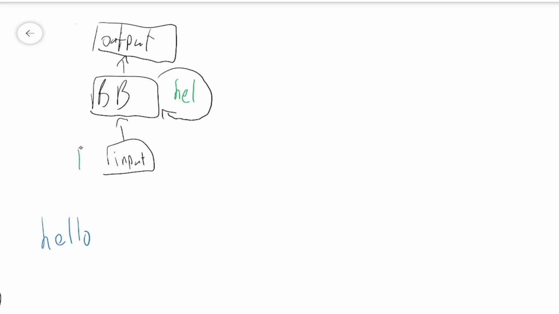So you input the other L, it goes, okay, I already have H-E-L, and L is now the input, and combined, the last letter we're missing is O to complete this word. Eventually at the very end it will output letters to form the word hello. And so that's how it works.